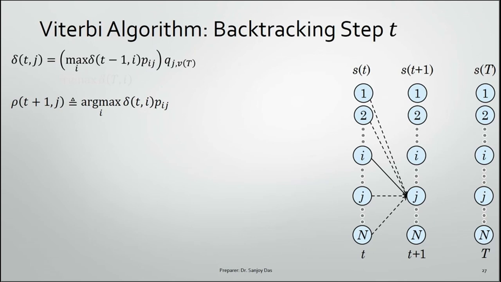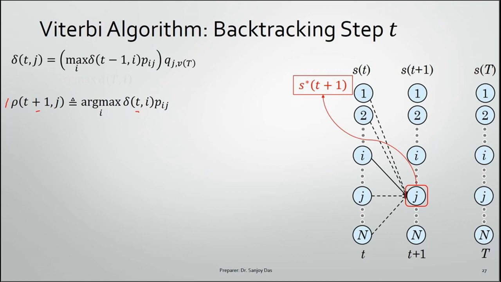From this expression here, rho t plus 1 j tells you the most likely previous state. When you're in time step t plus 1, what was the most likely previous state at time t? And this is shown here.